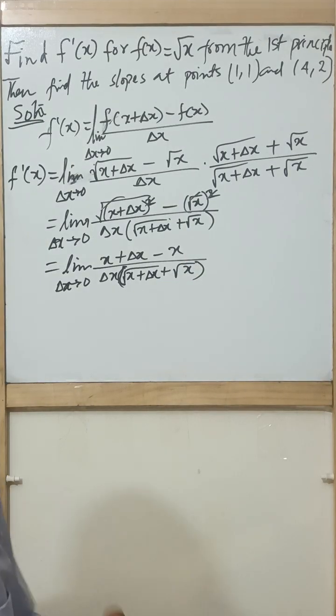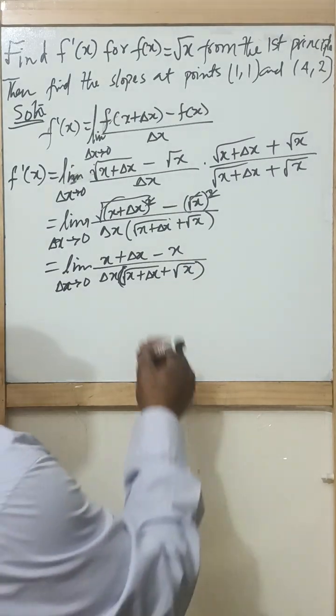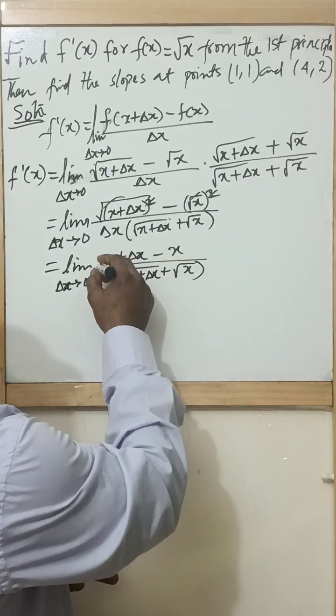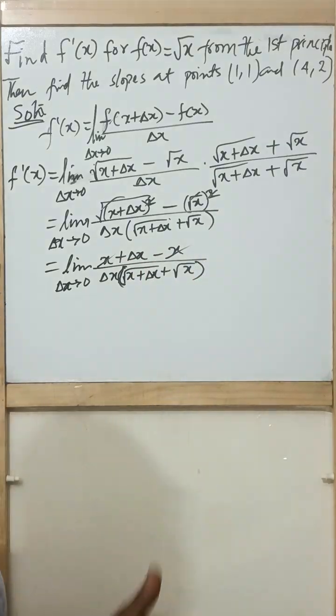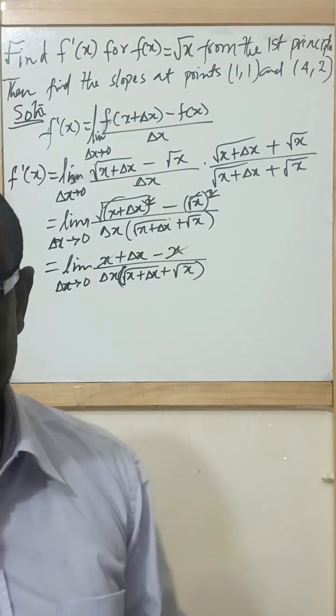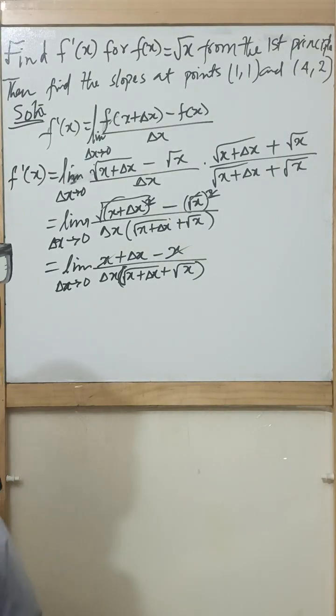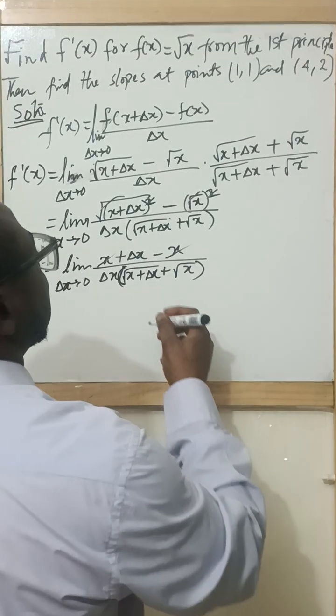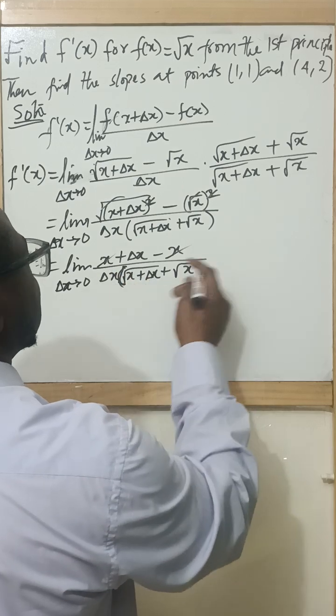So at this point, when this cuts this, that is plus x minus x, that will be 0, right? Plus x minus x, that's 0.